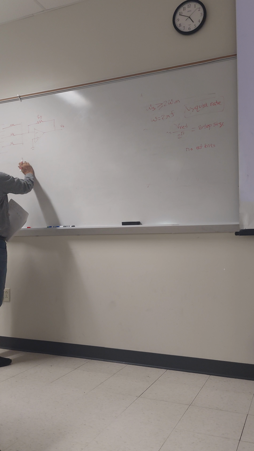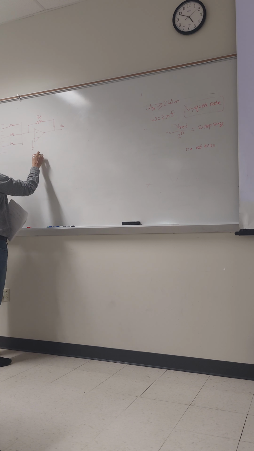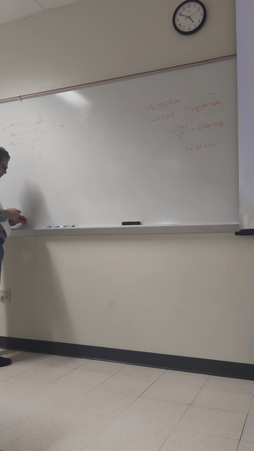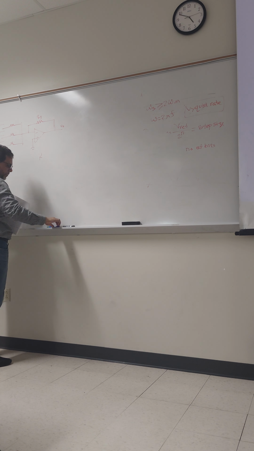So for example, here we already saw one more thing. The feedback resistor RF is equal to R, with the input resistors R, twice R, 4R.